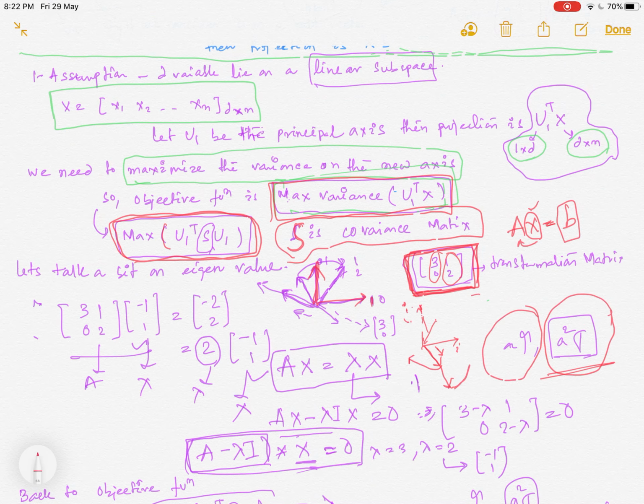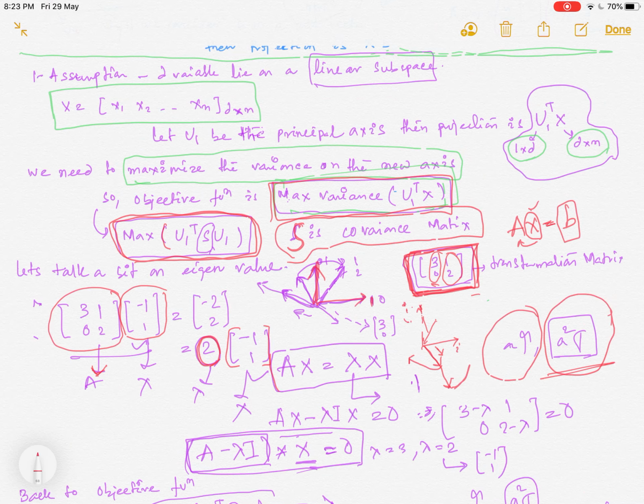Say, same, we'll pick the new coordinates as (3, 0) and (1, 2), and if we multiply with (-1, 1), this is the vector, and we want to see where this particular vector moves when the transformation matrix A is applied onto it. We see that it stays over there, only it gets increased in magnitude, multiplied by 2.